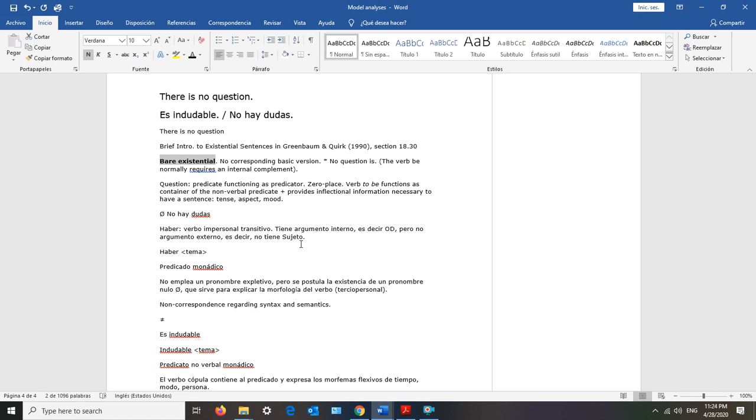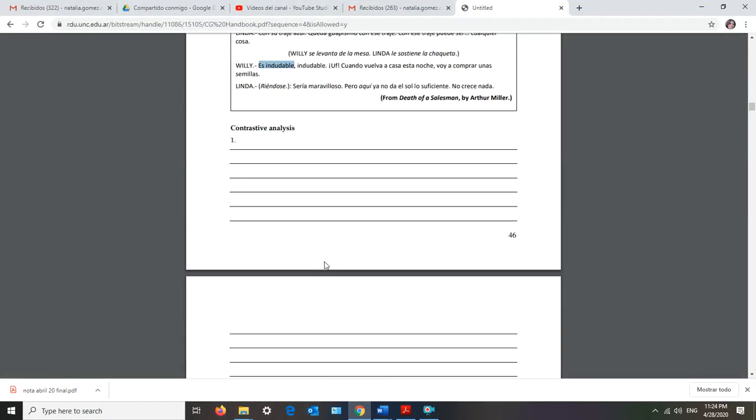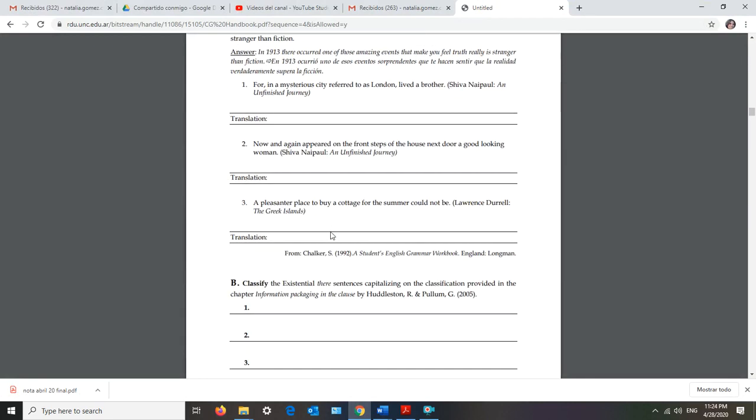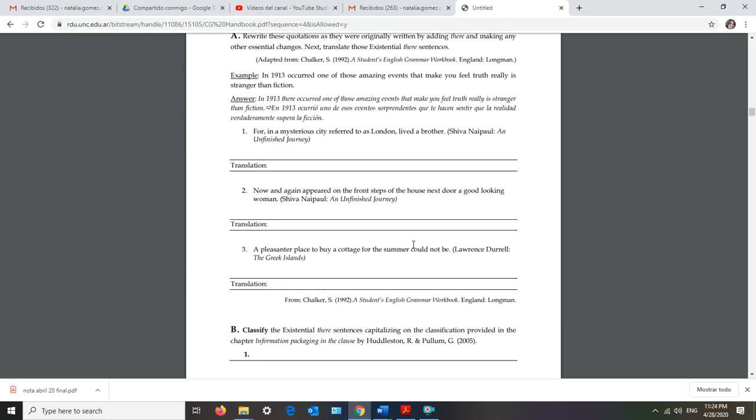When watching the video that Micaela prepared for another sentence, another existential sentence, the one that you have in the handbook on page 50, she produced a model analysis of this sentence for "in a mysterious city referred to as London lived a brother," and then you could add "there lived a brother."